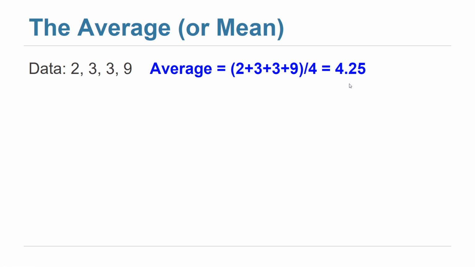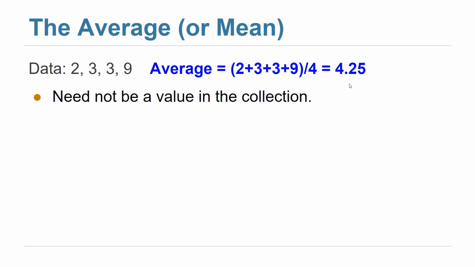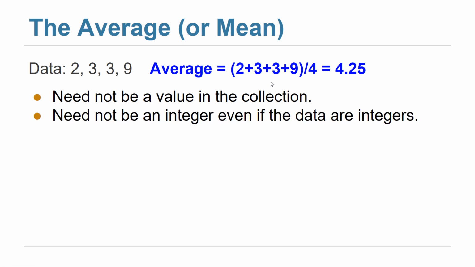Now let's talk about some facts about the value of an average. First, the average doesn't need to be a value in the collection. As we saw, 4.25 doesn't belong to the collection of the values, but it is the average of them. The average doesn't need to be an integer, even if the data are integers.